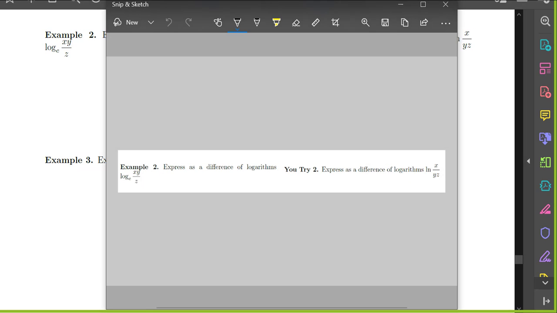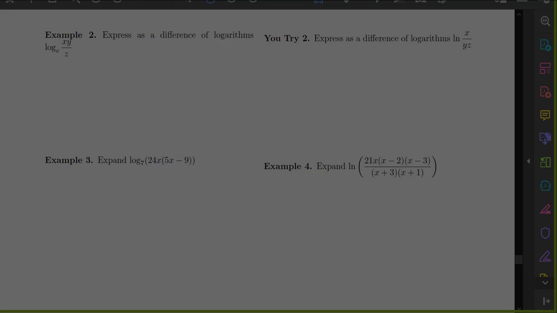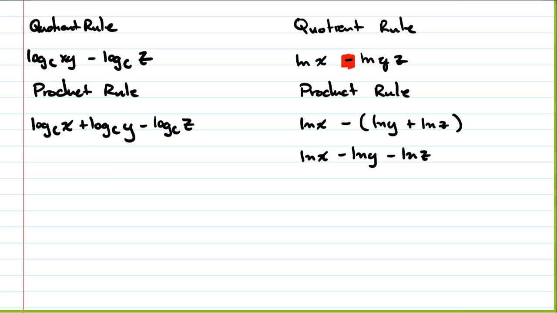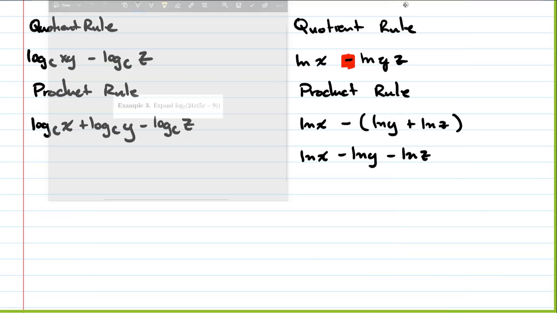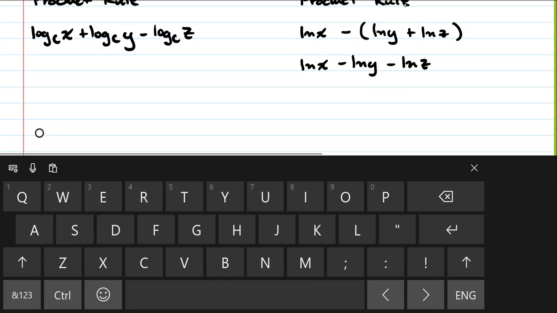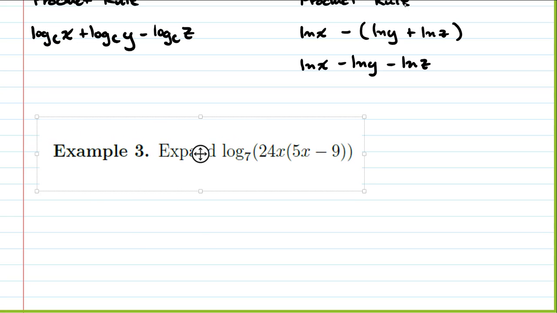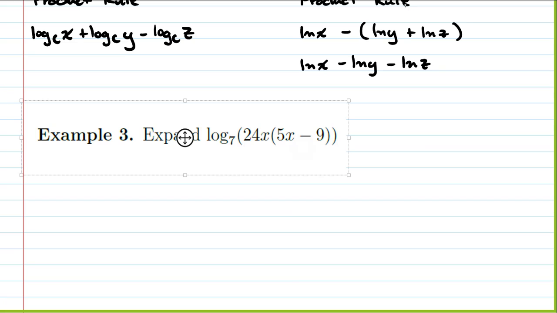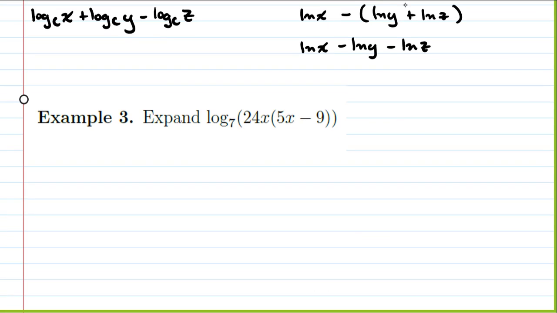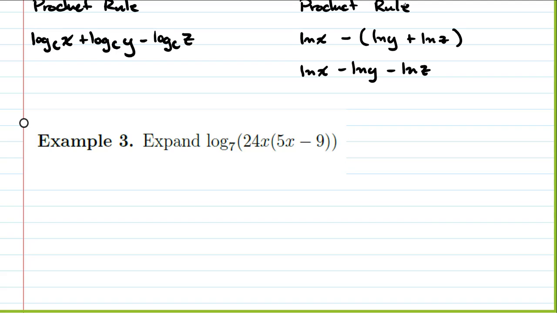All right. Let's take a look at our next example. So instead of monomials, we have a mixture of monomials and binomials. So we identify each of our factors. So I have a factor of 24. I have a factor of x. And then I have a factor of 5x minus 9.